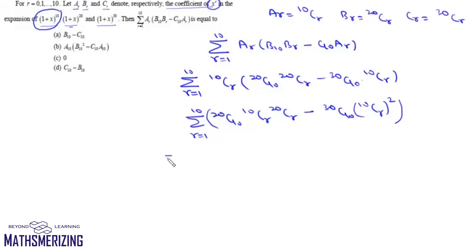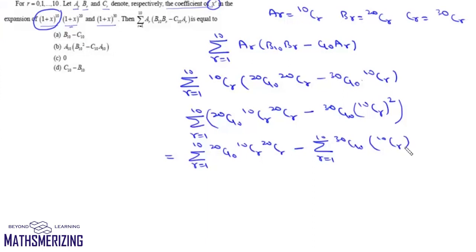Now we can also write this summation as summation r varies from 1 to 10, 20C10 into 10CR, 20CR minus summation r varies from 1 to 10, 30C10 and 10CR whole square.